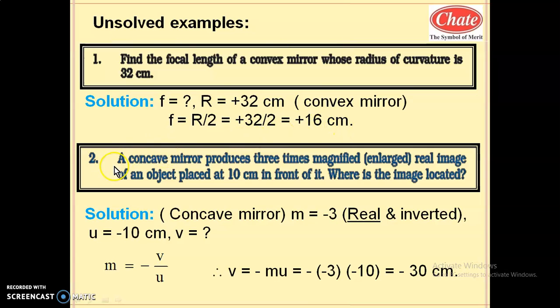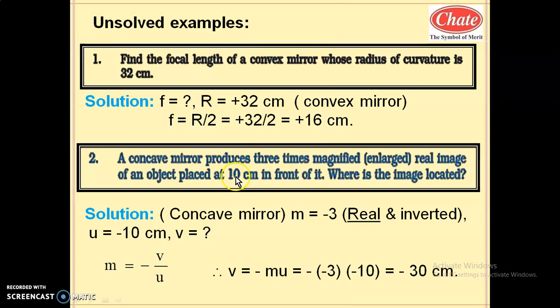Now here is the second question. A concave mirror produces a 3 times magnified, enlarged, real image of an object placed 10 centimeter in front of it.